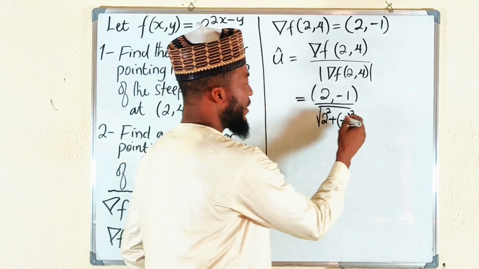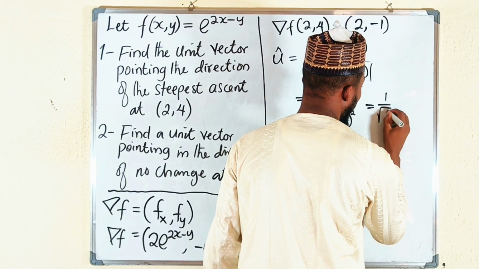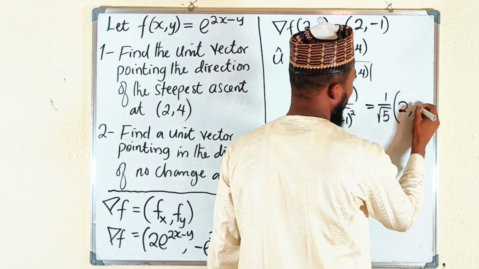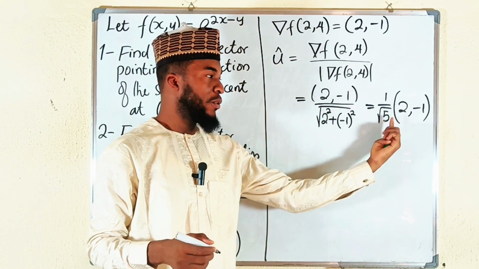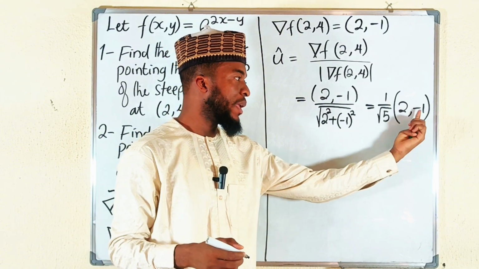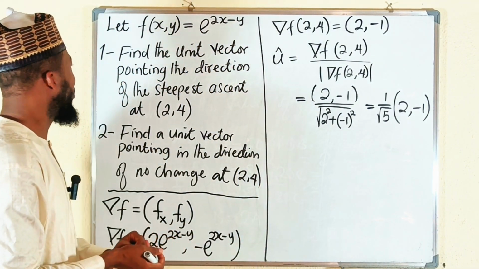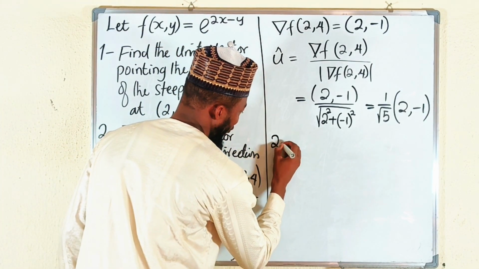So you can factor it out as 1 divided by the square root of 5, times the vector (2, negative 1). If you like, you can divide the x component by the square root of 5, and negative 1 divided by the square root of 5, all the same. So we are done with the first part. But no problem, let's go to question number 2.